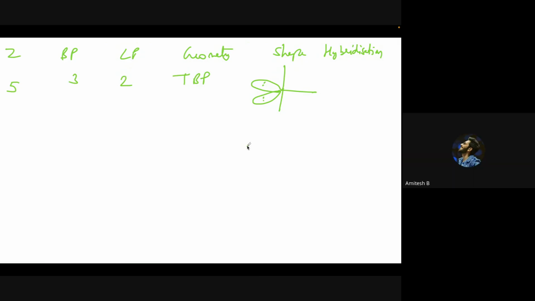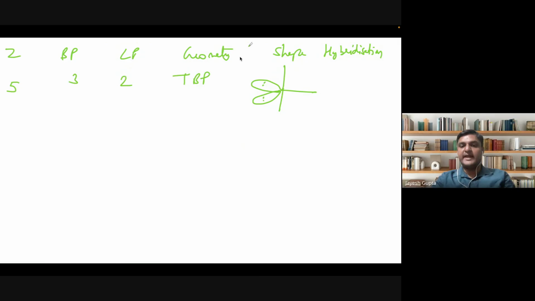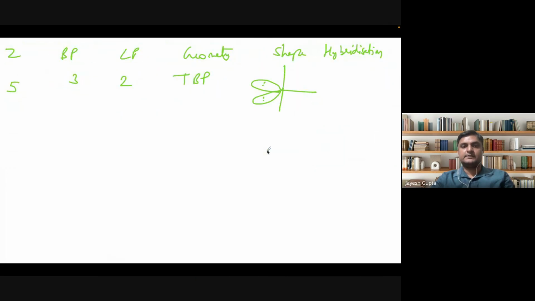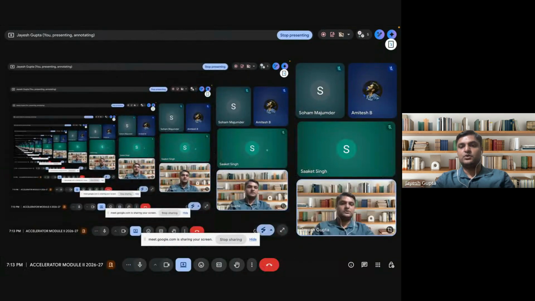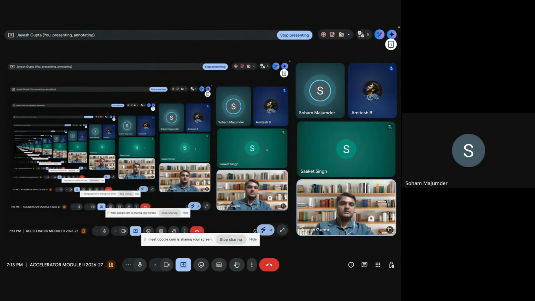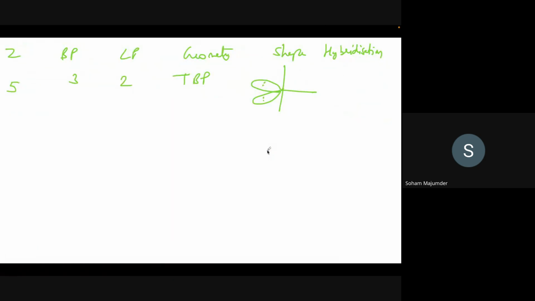How is it looking like bipyramidal? Can you see any alphabet letter that is being formed? Tell, Soham, can you hear me? I feel it's pyramidal, but I don't know.